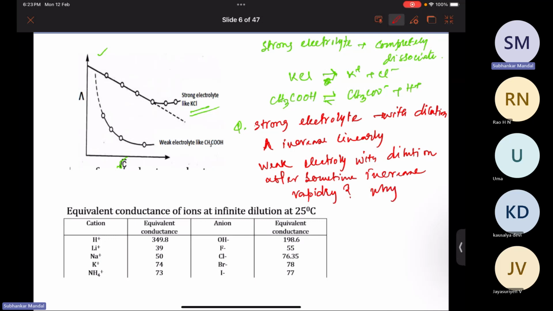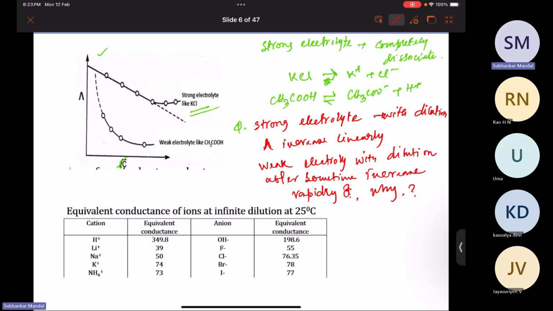Why? This is the question. Can anyone tell why this is happening? You can unmute and tell.